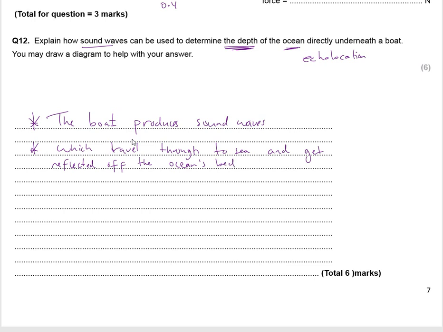Now we're sending it. So what we're saying here is that it traveled through.